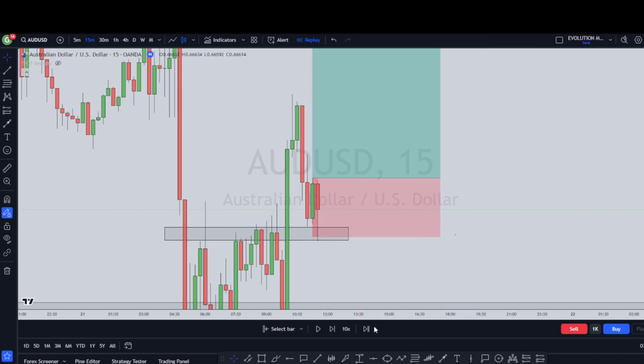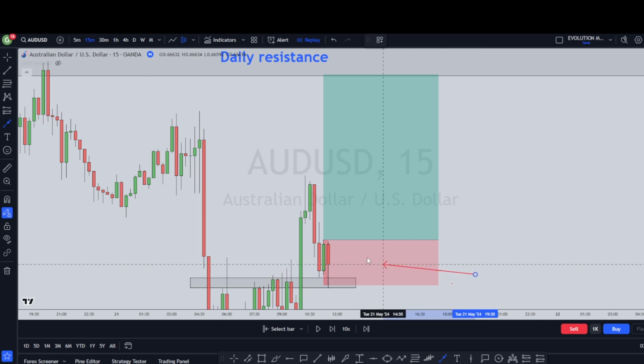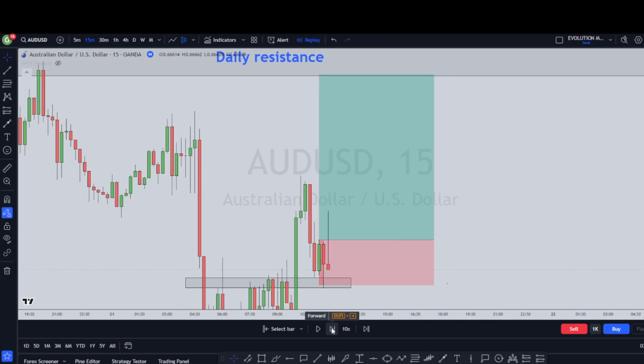So the setup is still valid, and we wait for a break of the high of this bullish candle to see if price could push to the upside into this daily resistance. We'll play this on right there, so we are triggered into the trade.